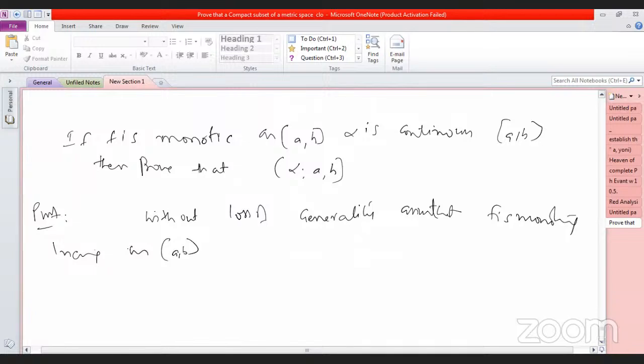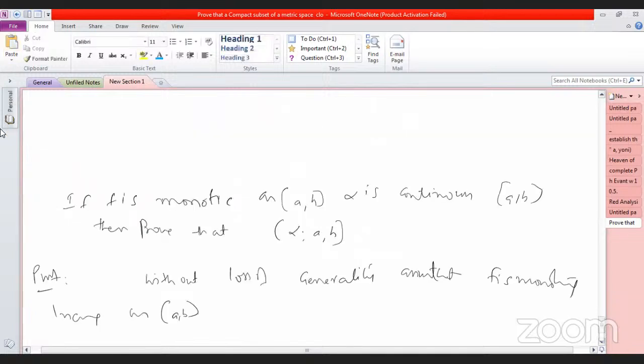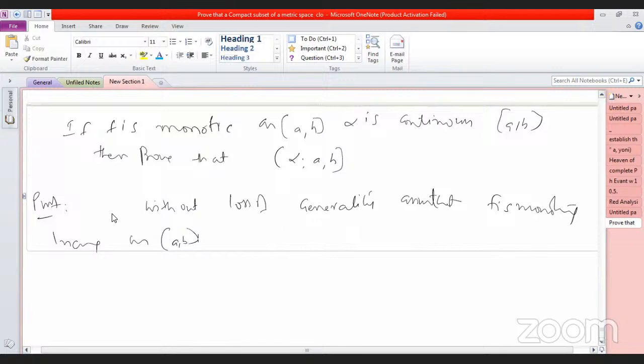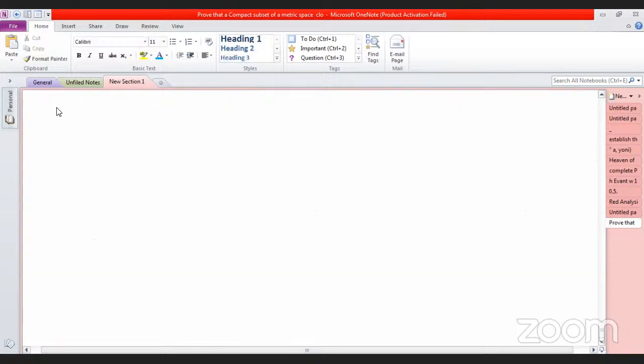See here, suppose alpha is continuous and increasing on a comma b.